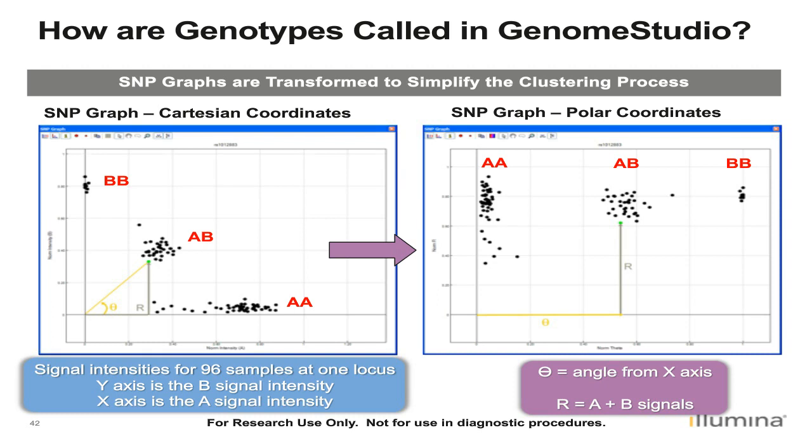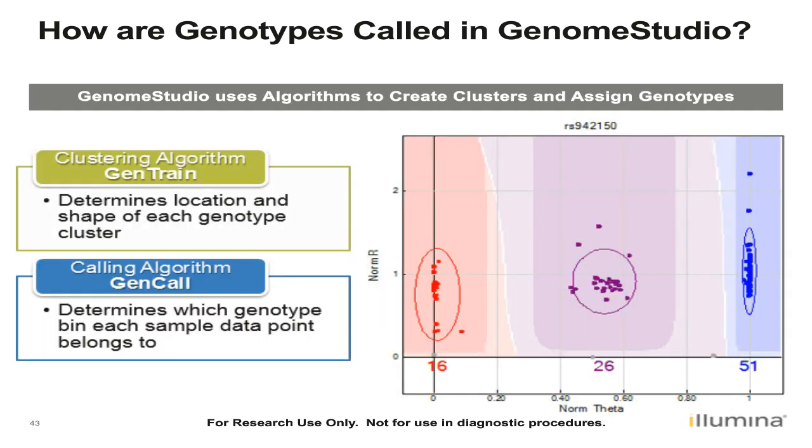The purpose of transforming from Cartesian to polar coordinates is to make it easier to visualize the data points horizontally. So it's much easier to tell that your AA clusters on the left, your AB clusters in the middle, and your BB clusters on the far right. GenomeStudio also uses algorithms that are built into the software to create clusters and assign genotypes.